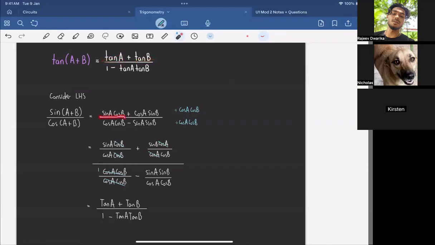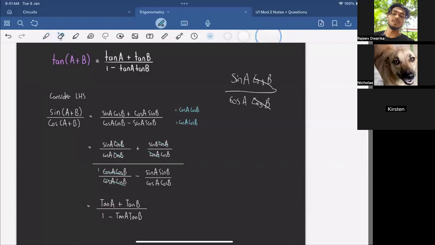Well, if I have sine A cos B and I want to get tan A, I would have to have cos A in the bottom. And since I just want tan A, wouldn't I want to cancel off the B? That is why I divide by cos A cos B. Does that make sense? Yeah, it makes sense.